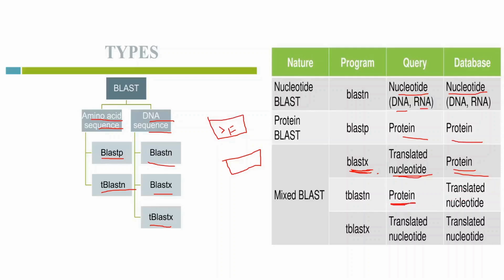So you are searching a protein query against the translated nucleotide. Translated nucleotide means it will be like a protein sequence only, but the database contains the translated nucleotide. It will perform the BLAST against the translated nucleotide.